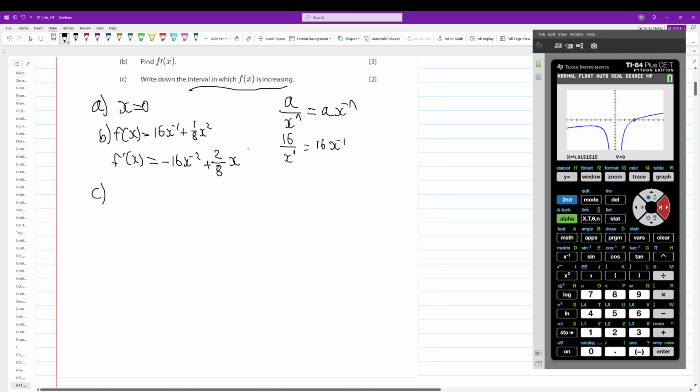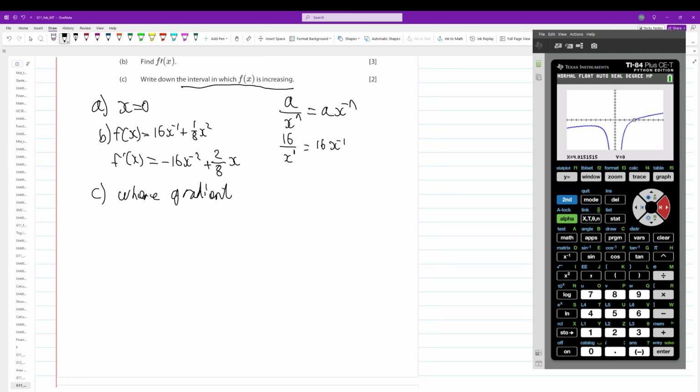Bit of a rewind. Finding the interval for which f of x is increasing will mean where is the gradient greater than 0. My gradient function is f dash x, and I require that to be greater than 0.